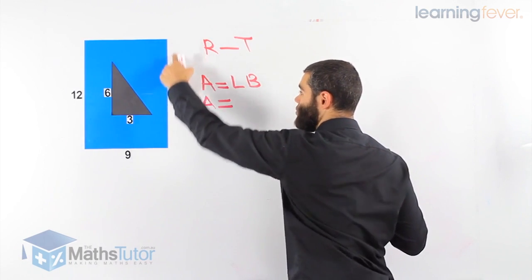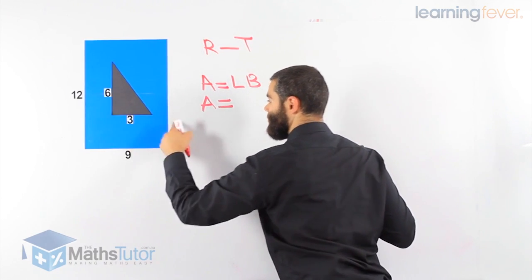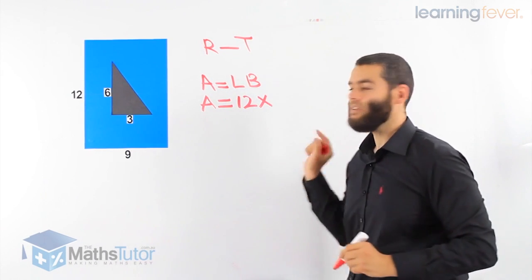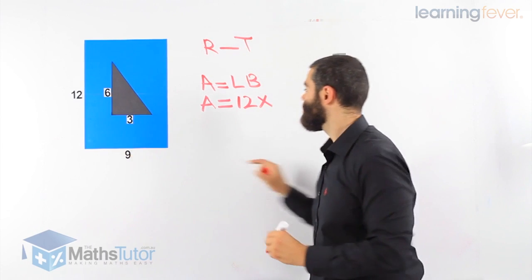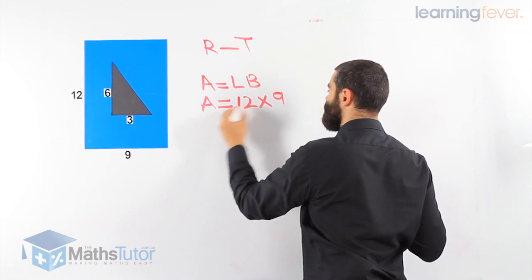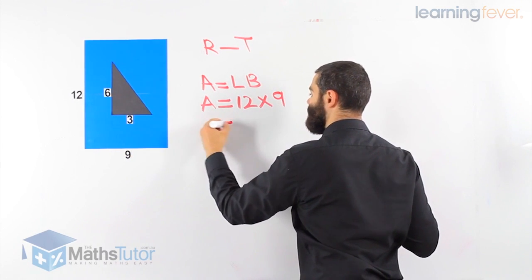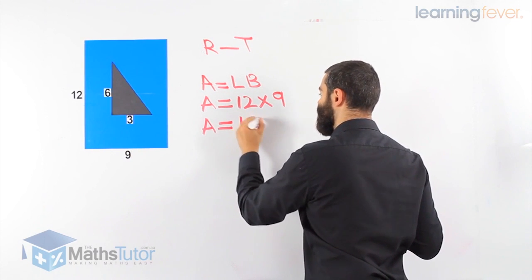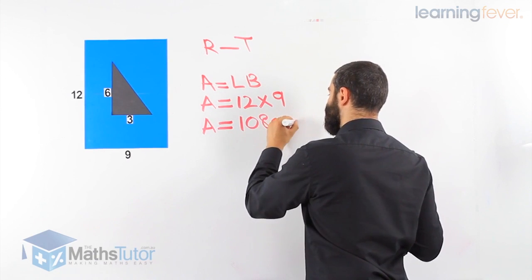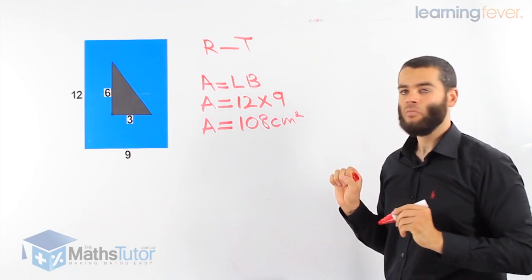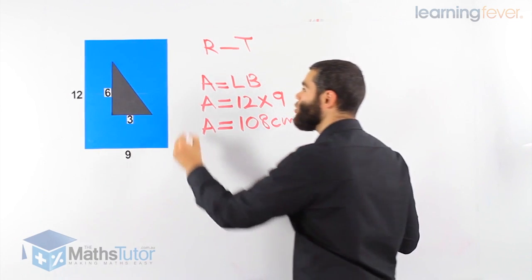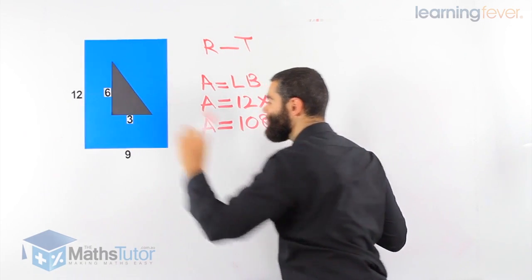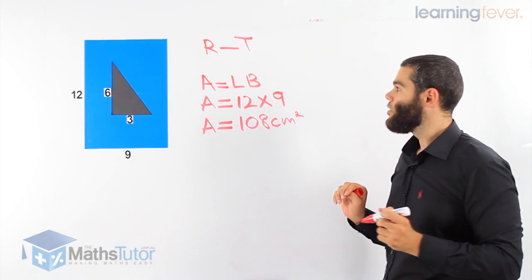The length is 12 times, and the breadth is 9. 12 times 9, 108 square centimeters. So now we worked out the total blue area, everything inside the blue rectangle there.